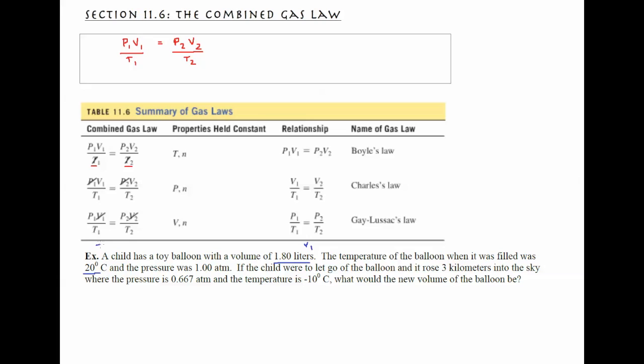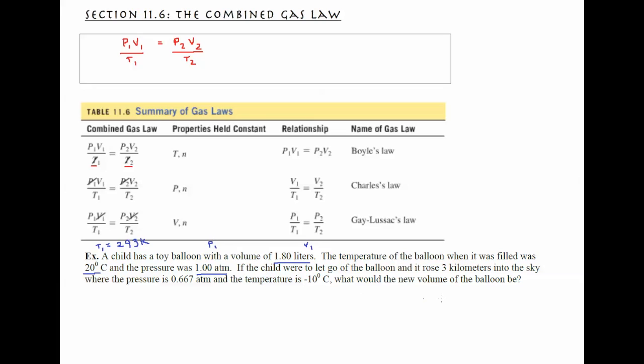This is my T1. Remember the conversion between Celsius and Kelvin, you just need to add 273 to the degrees Celsius. So this would be 293 Kelvin. And a pressure of 1 atmosphere. So this is my P1.